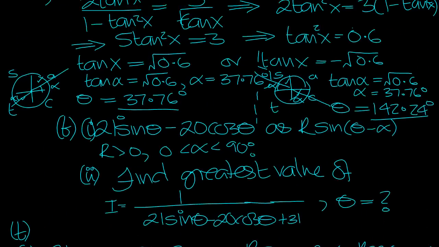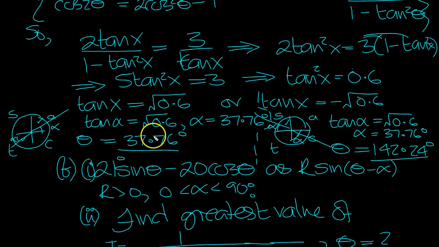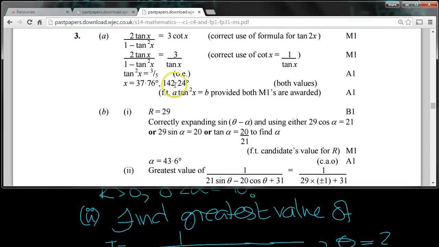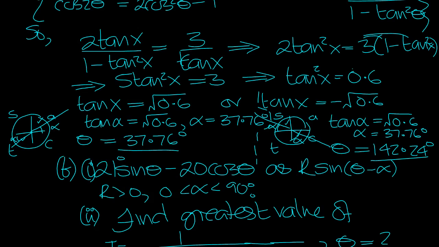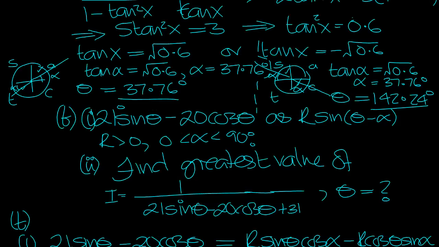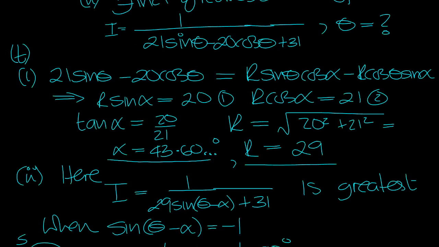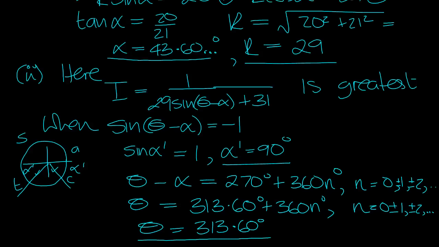Let's get back to part A. Oh, we're okay. Here it is here. Or 142.24. Yep, R was 29. 313.6, which is what we had also for the value. Okay.